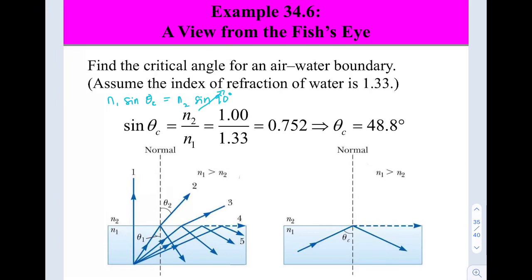Sine 90 gives you a value of 1, so we can simplify the equation. From here you figure out your theta c is 48.8 degrees. This is the minimum angle between the water and air boundary so that total internal reflection is going to happen.